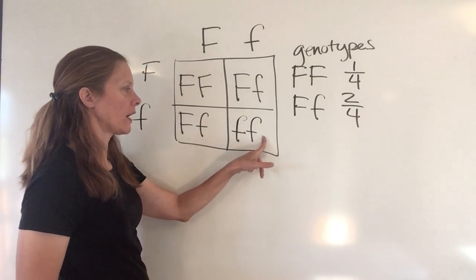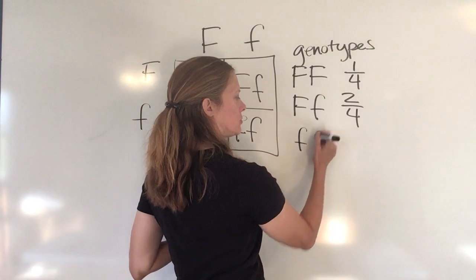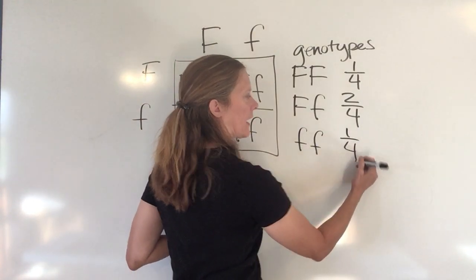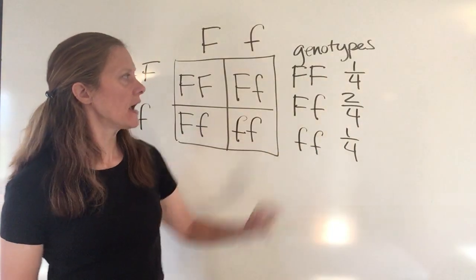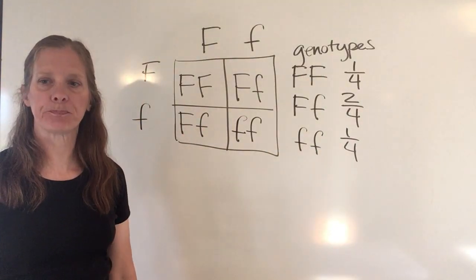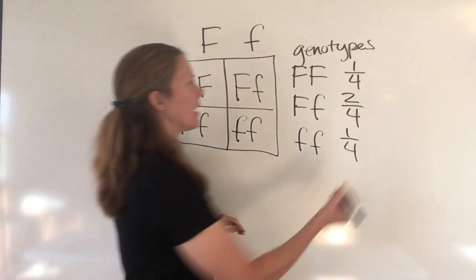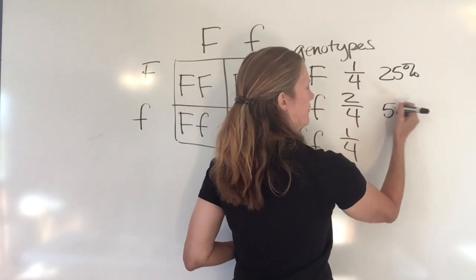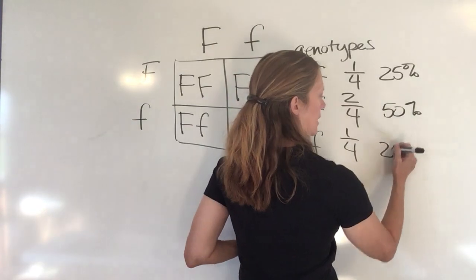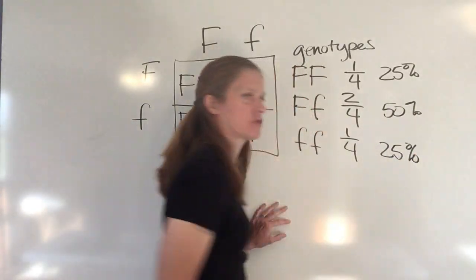And then I have 1 offspring that's going to have 2 little f's, so that's going to be 1 out of 4. So if I then take these guys and I turn them into percentages, it's going to be 25% this one, it's going to be 50% for this one, and 25% for this one.